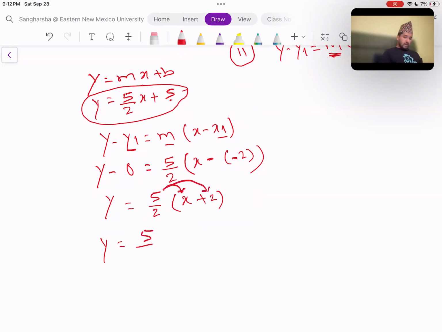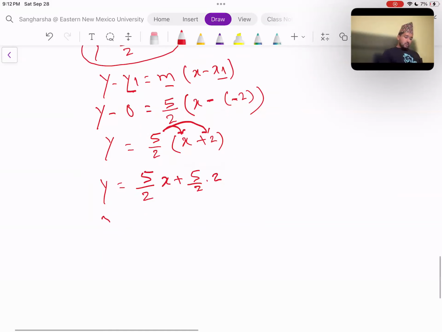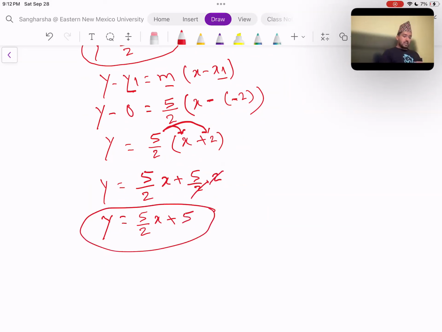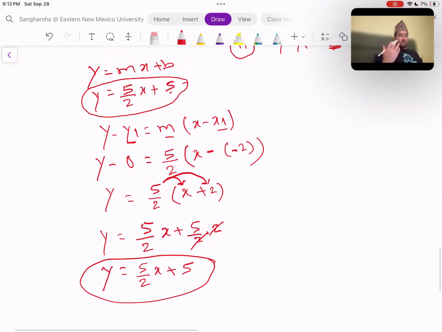So we have 5/2 times x plus 5/2 times 2. So our final answer is y equals 5/2 x plus 5/2 times 2. These two cancel and we are left with 5. See, we get the same equation. It does not matter which equation you use in this case. But make sure to choose the correct formula whenever you are asked to find the equation of a line.